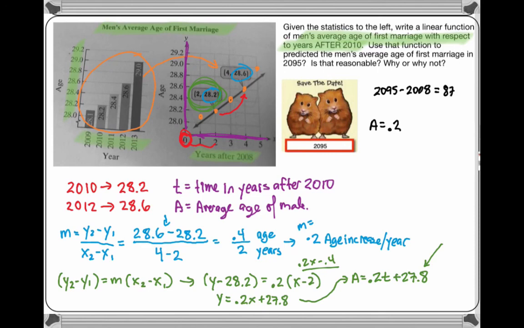Ooh. And so we're going to go 0.2 times 87, and then tack on 27.8 years after that. And so the average age in the year 2095 is going to be a whopping 45.2 years old.